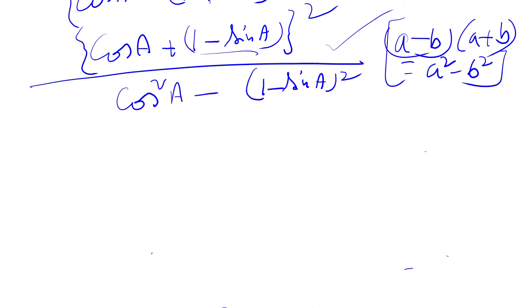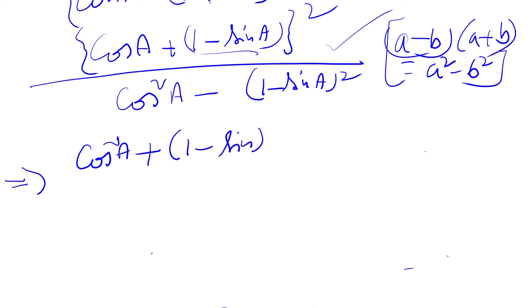See, here we have to expand carefully. This is cos A plus (1 minus sin A) whole square. This is A square plus B square plus 2 cos A into 1 minus sin A. Agreed?